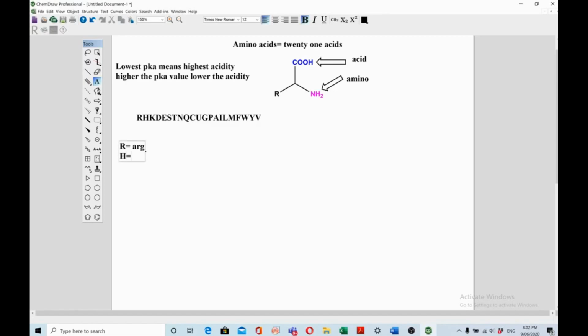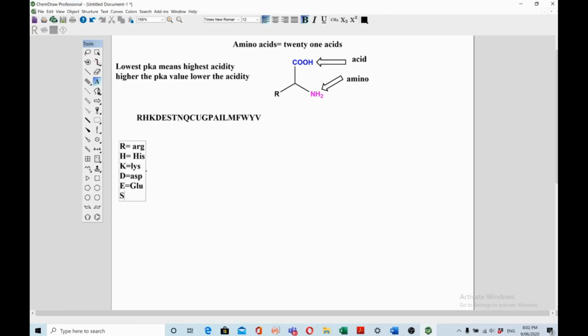H is histidine. K is lysine. D is aspartic acid, ASP, and E is glutamic acid, GLU.